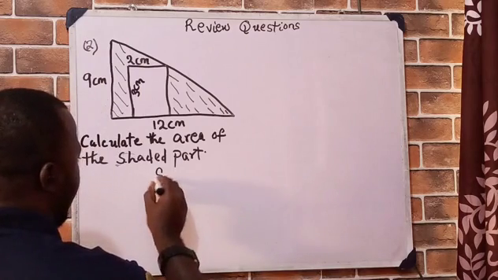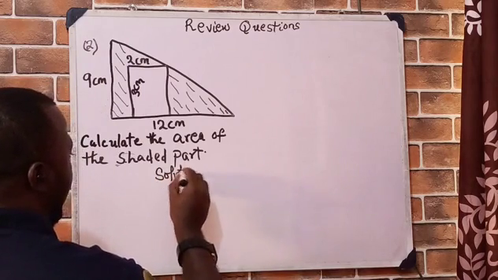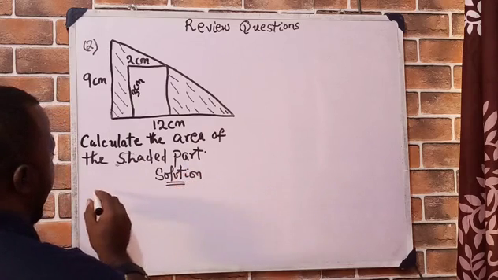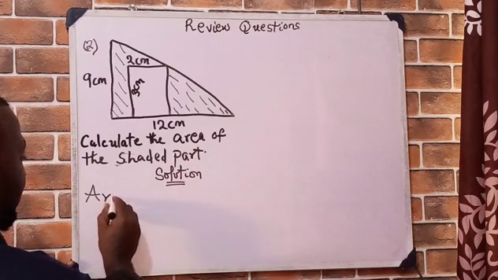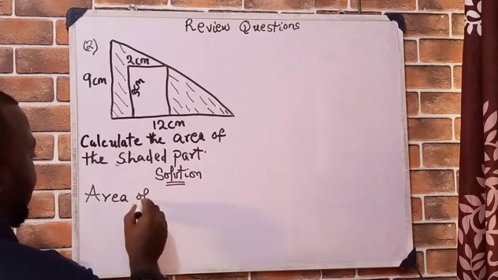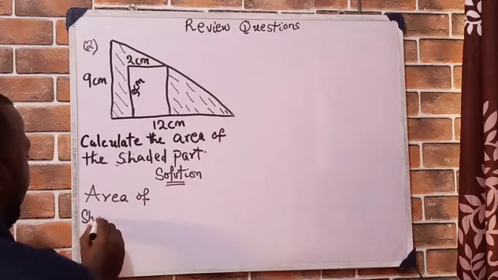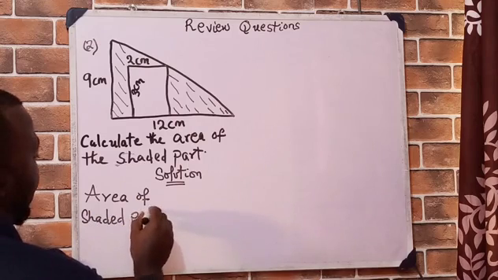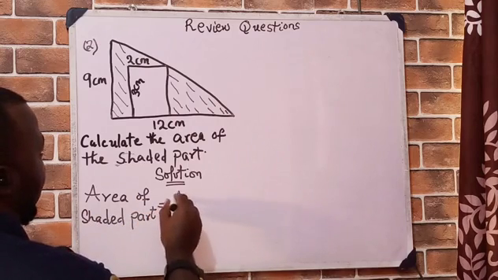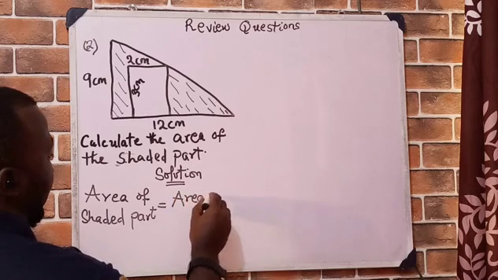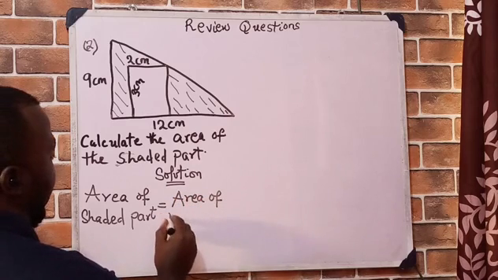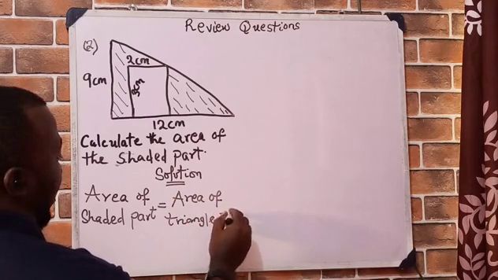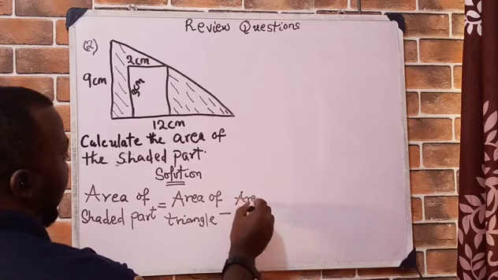That will give us something of this nature. I have that area of shaded part is equal to the area of the triangle minus area of the rectangle.